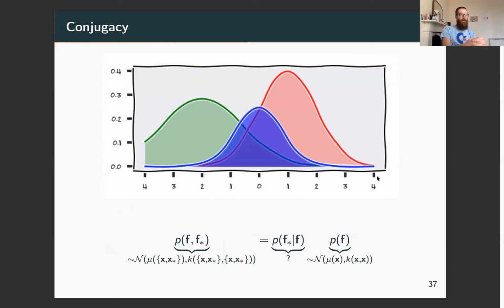And now I want to see what some other x values, what the function could be. So now that's a joint Gaussian again. Fantastic. And now I can write down P of f comma f star, which is just my Gaussian distribution, where I don't know some of the f stars. And what I really want is f star given f.